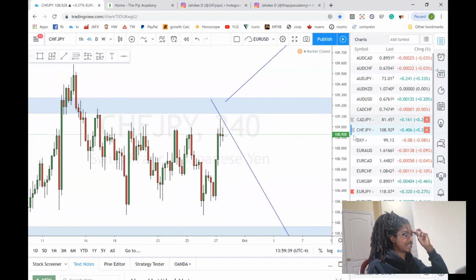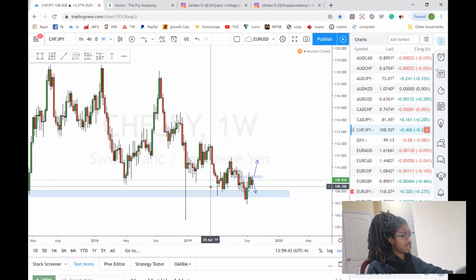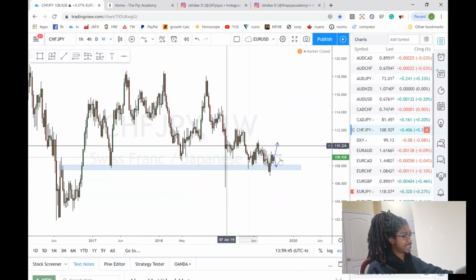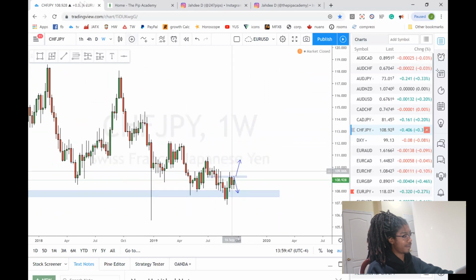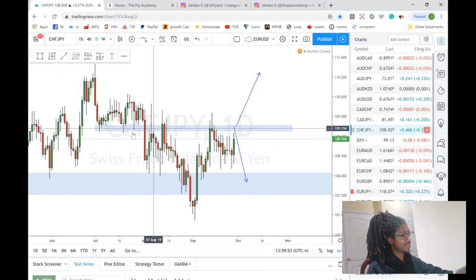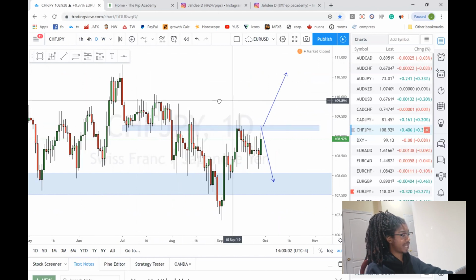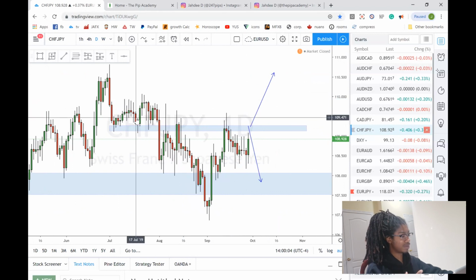So from here, we can see that on the Swiss Japanese, the general market structure is down, right? We must see how price reacts to this weekly resistance area, because it seems to be a very touchy area. We've touched it 1, 2, 3, 4, 5, 6, 7 times now, and it's still showing that it's keeping its structure there.